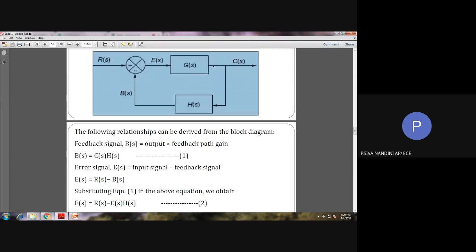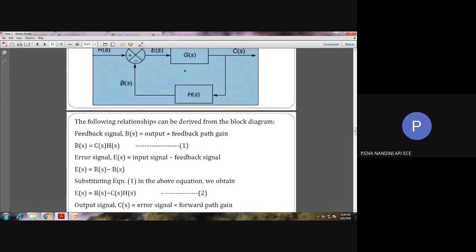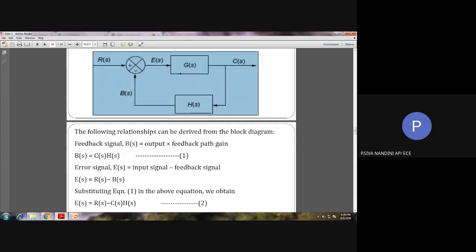See here, in this negative feedback loop structure, C of S is the output signal. So what is the value of C of S? Here we have E of S, which is given to this block G of S, and we obtain the output. So C of S is equal to E of S into G of S, that is, error signal into forward path gain.